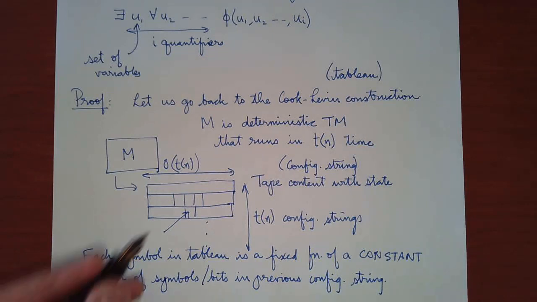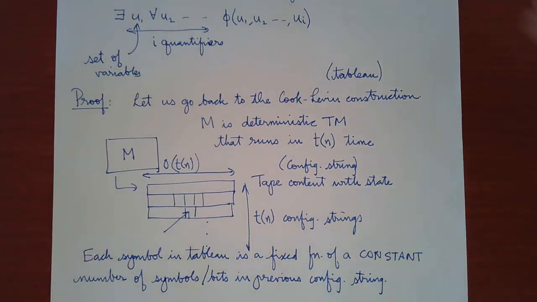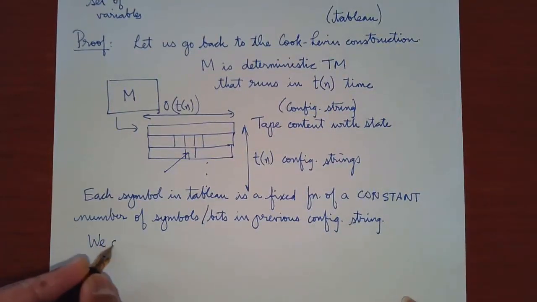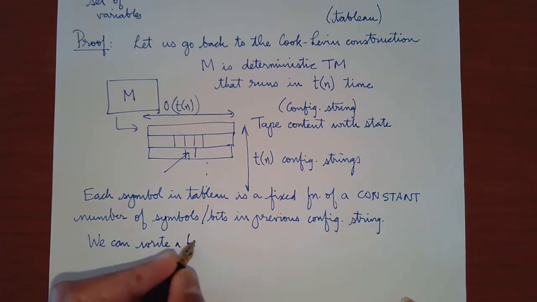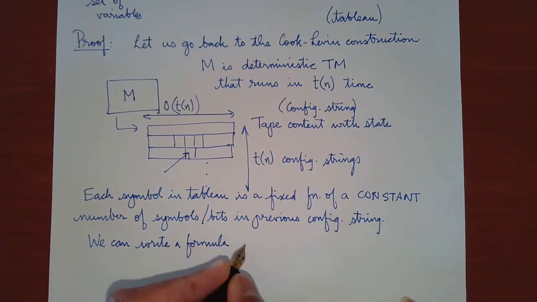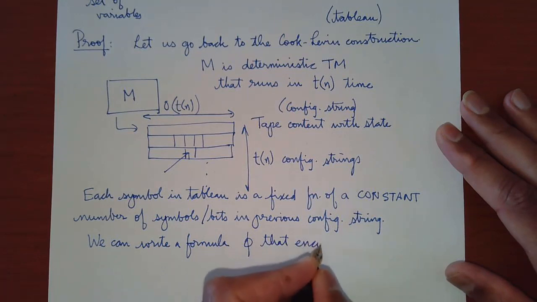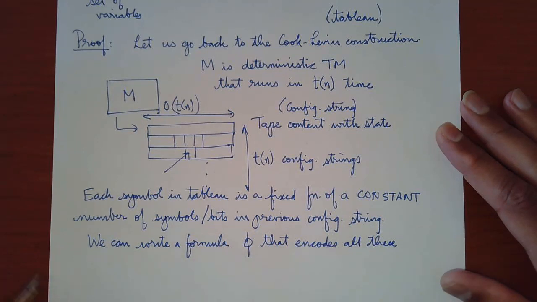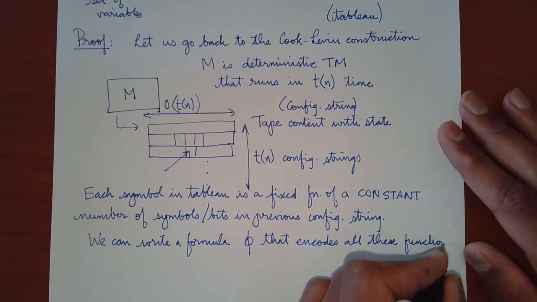And so based on this, you remember that we could write a formula. And we wrote a formula. So we can write a formula phi that encodes all these functions, right?